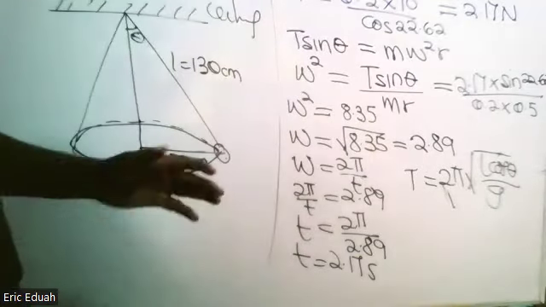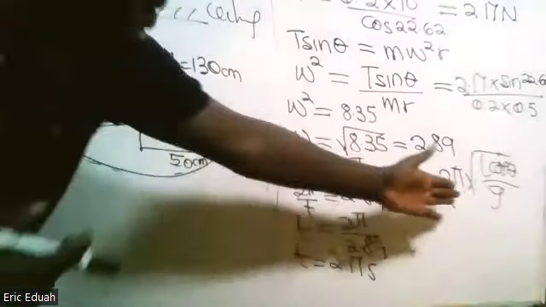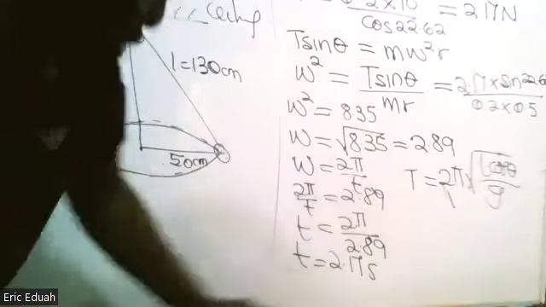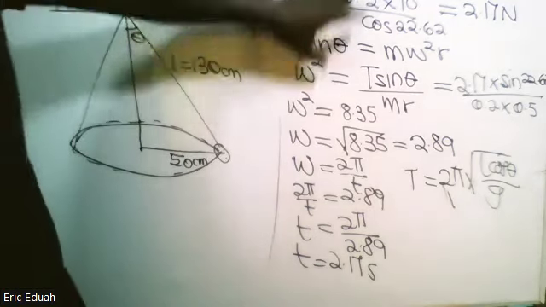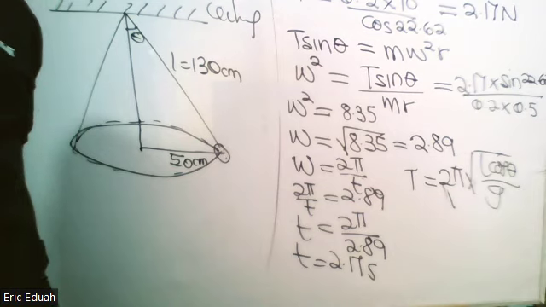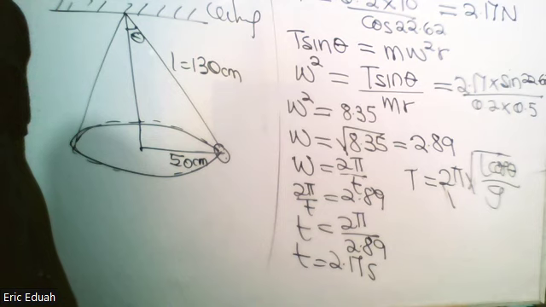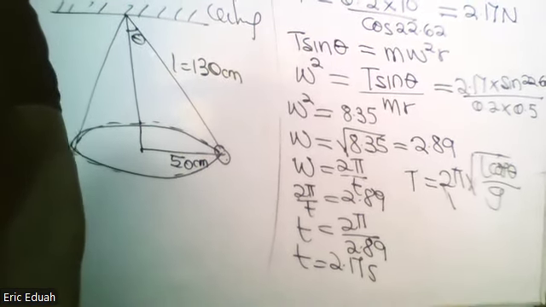But I'm doing this in case you are not able to memorize this, that is how to come by an expression for the period. Please, is that okay? Any question? No question. Let's move on to the question.